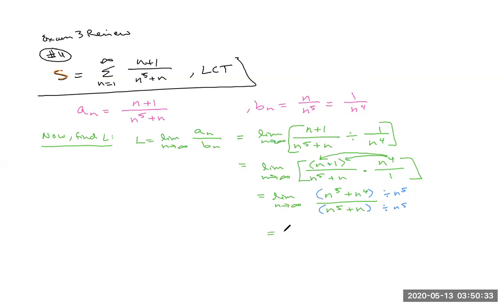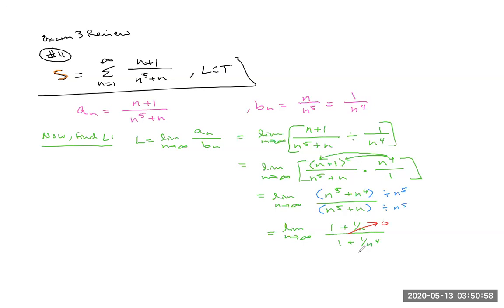And now we have the limit as n goes to infinity of (1 plus 1 over n) divided by (1 plus 1 over n to the 4th). The limit of 1 over n is going to approach 0.